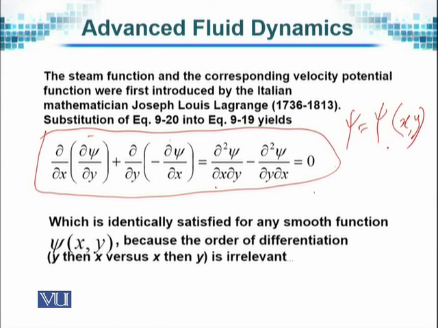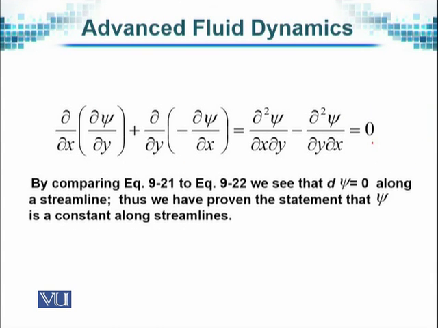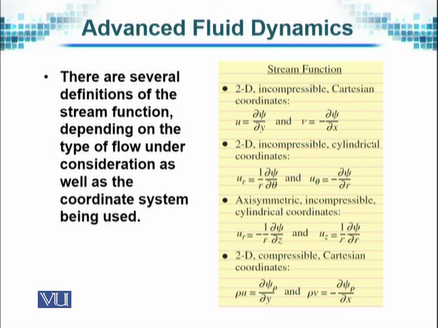Here, if we can determine only psi, we have determined the fluid flow, because from psi we can find out the value of u and v. Therefore, the order can be changed and it does not really matter, and the equation is identically satisfied. There can be other definitions also for psi, but the one that we have written here is most commonly used.